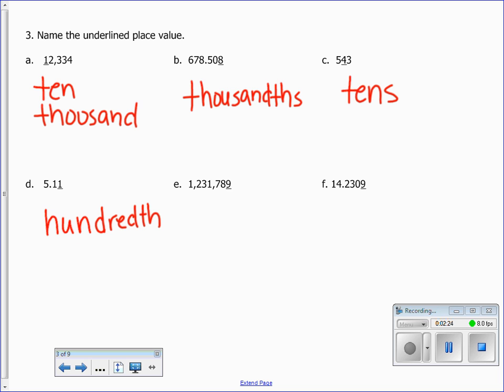E, the number 9, is in the ones place value. And in F, we can start at the decimal and go to the right and say tenths, hundredths, thousandths, ten thousandths. Check your spelling on your place value chart.